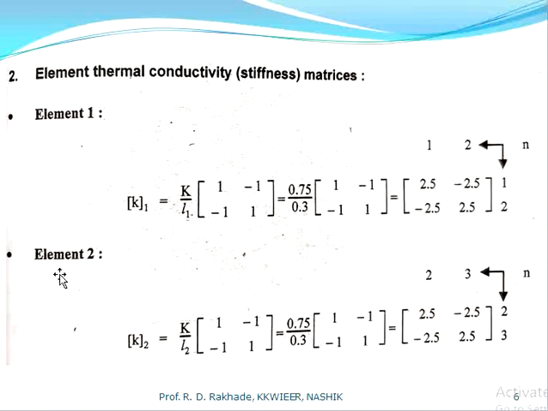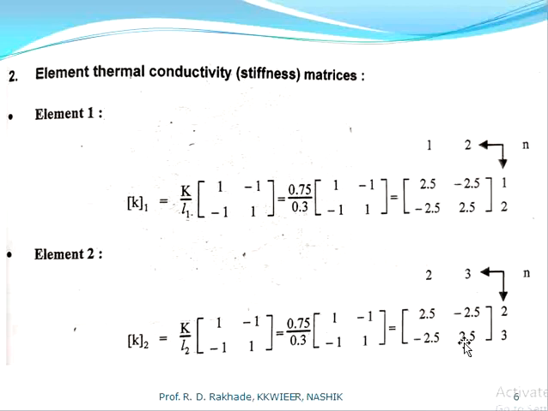Similarly, we can determine the individual stiffness matrix for element 2. So here we represent K2, small k2, and K upon L2, [1 minus 1; minus 1 1]. After putting the value of K, the thermal conductivity of both elements is 0.75 and the length is also the same, that is 0.3.